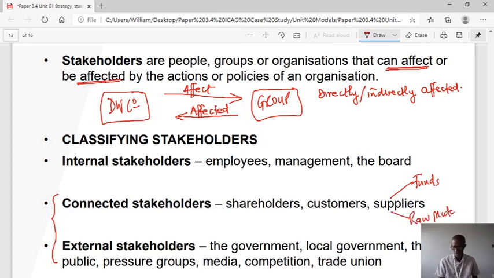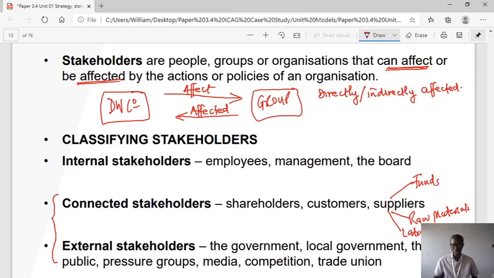So suppliers of labor, maybe they are contract employees. They are not your permanent employees. They are contractors. How they are affected.